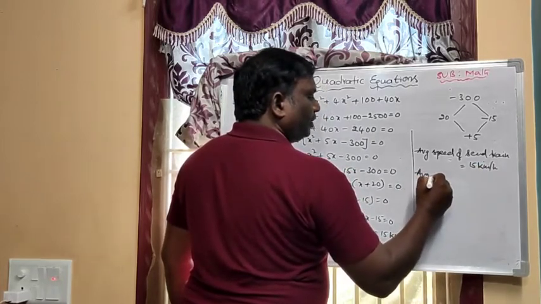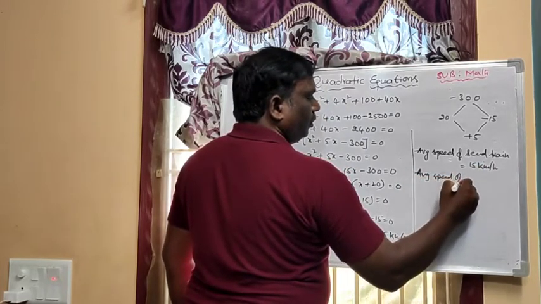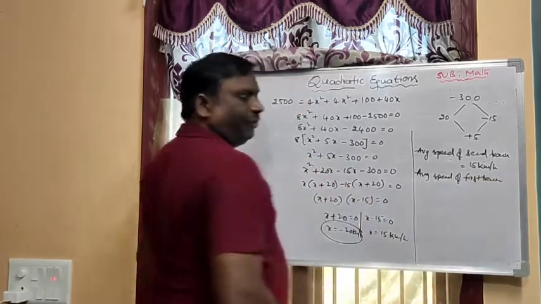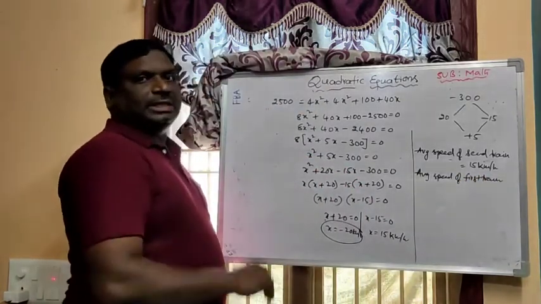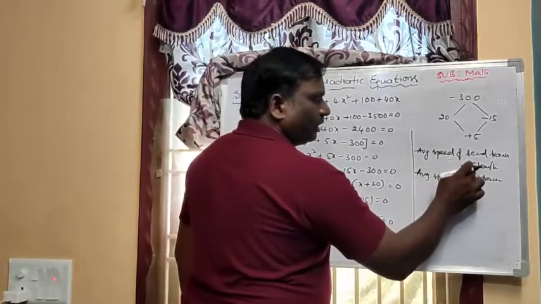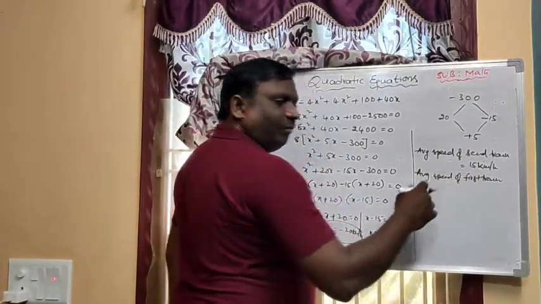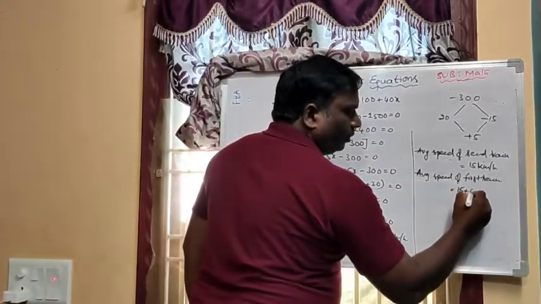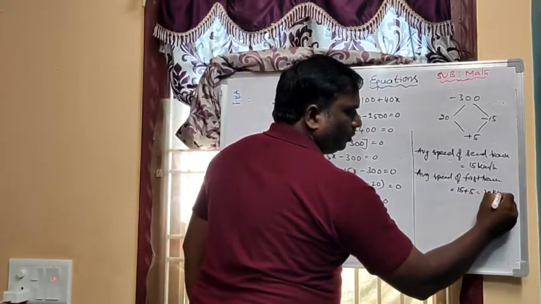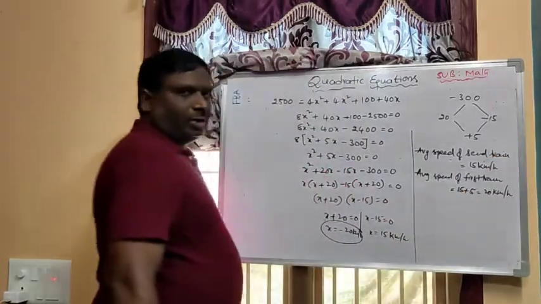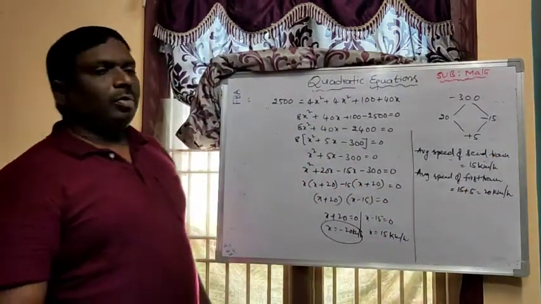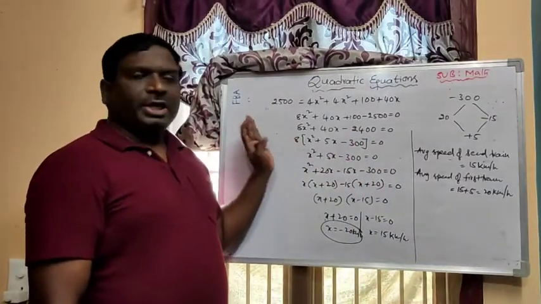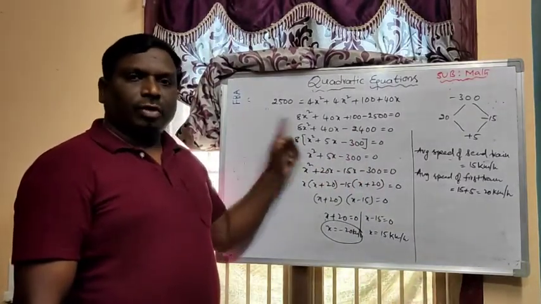Then the average speed of the first train: the first train is 5 kilometer per hour more than the second train. That means the second train is 15 kilometer per hour, then the first train is 15 plus 5, that equals 20 kilometer per hour. This is the method to find the solution of a quadratic equation using word problems.